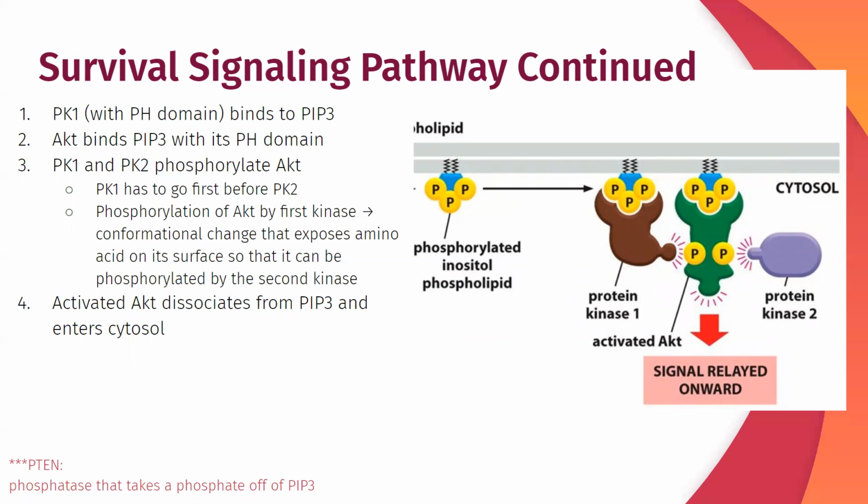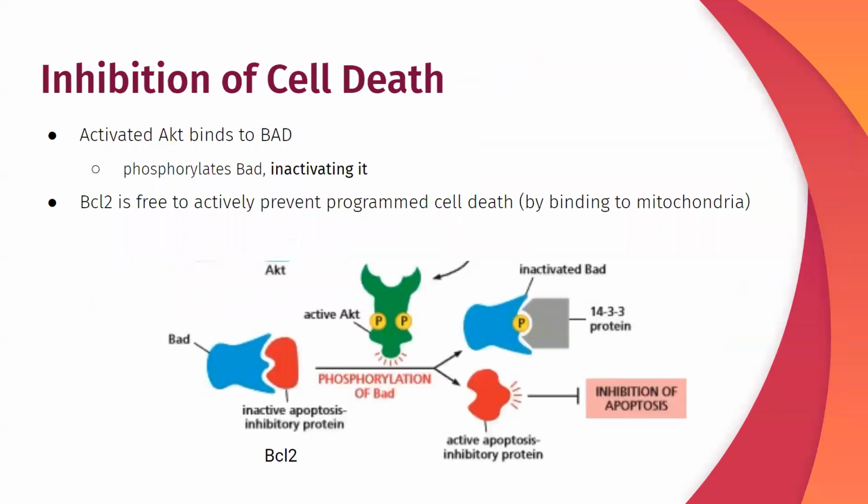Then there's a conformational change on the AKT, which allows it to be phosphorylated by the second protein kinase, in this case mTOR. And that's over there. Once the AKT is fully activated, it dissociates from PIP3. That's the green molecule over there.